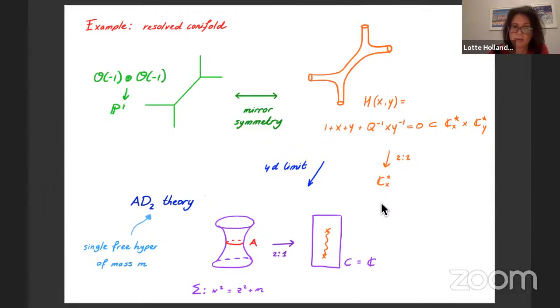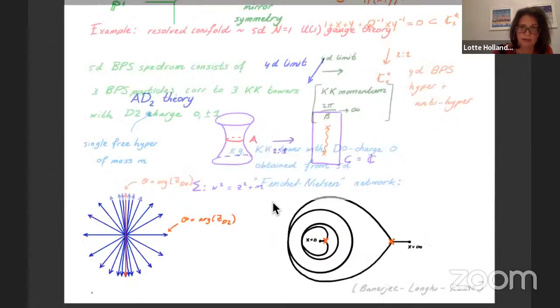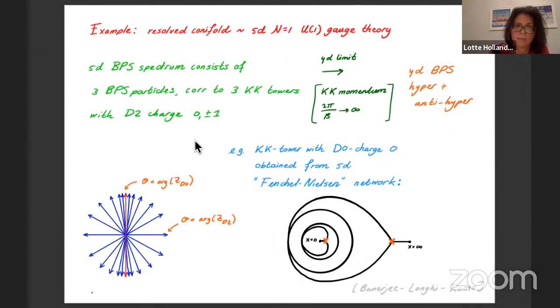So in the 4-dimensional limit, the 5-dimensional gauge theory reduces to an A2 theory, and the geometries correspond to the Seiberg-Witten geometries of the A2 theory that we've seen before in the talk. You can analyze the 5D BPS spectrum, and this was done in work by Banerjee, Longhi, and Romo.